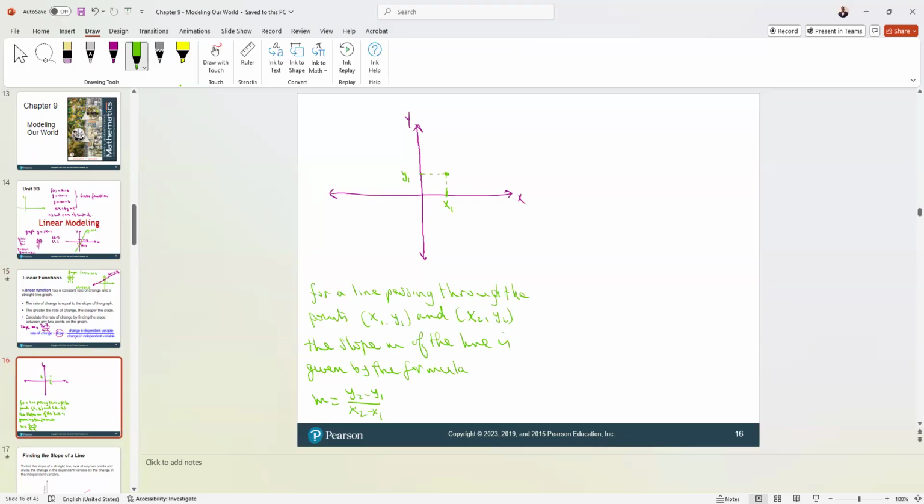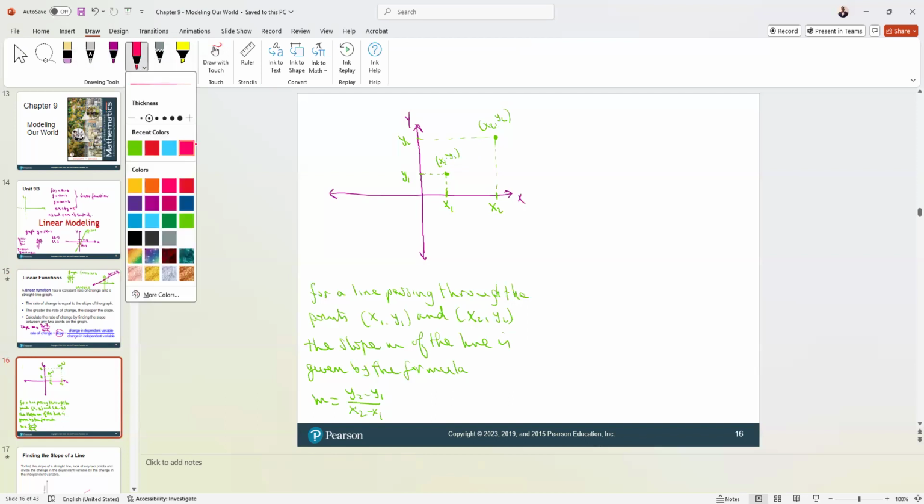So I call this point X1, Y1, and another point with two coordinates, X2, Y2. When you connect these two points, you see the change between them. We're going to call them change in x and change in y.